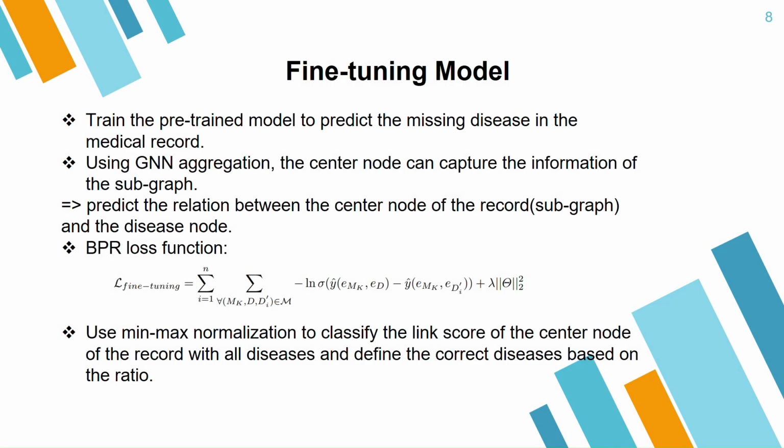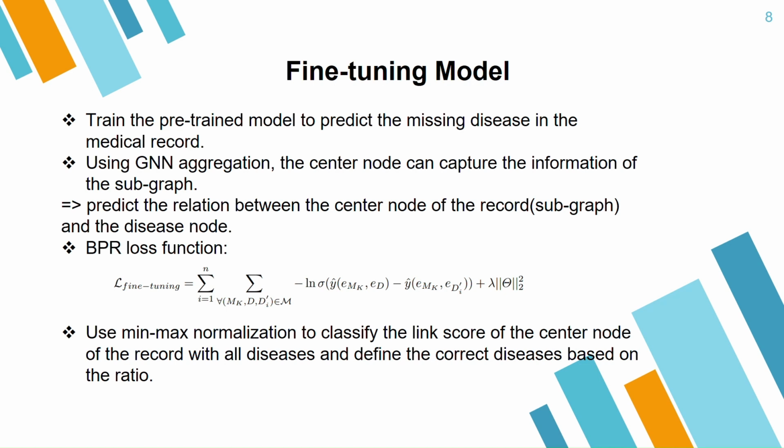In the fine-tuning phase, we train the pre-trained model to predict the missing disease in the medical record. And by using the GNN aggregation, the center node can capture the information of the subgraph.